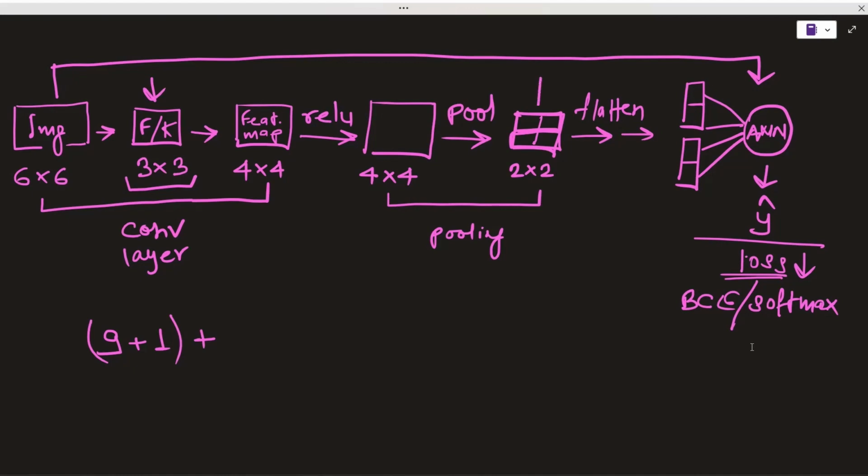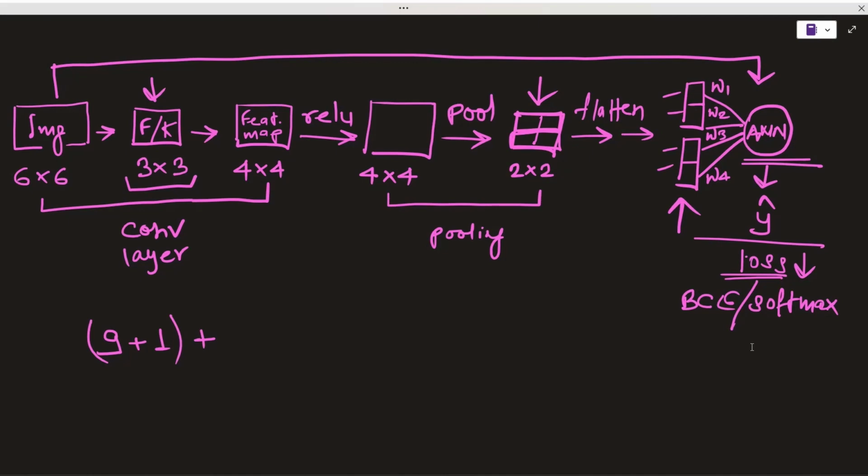Additionally, let's check where else we have trainable parameters in this architecture. So after flattening this particular matrix or feature map, when we acquire our input values, so for example, we have 4 values over here, which are being passed to the fully connected neural network or the artificial neural network architecture. Then obviously each and every value will have a dedicated weight assigned to it. So it will have W1, W2, W3 and W4.